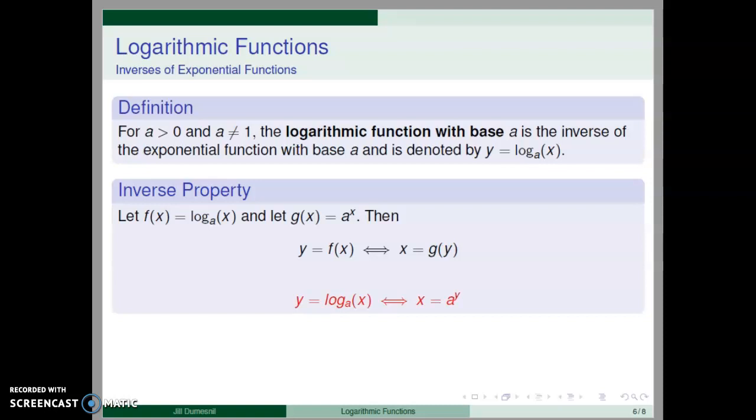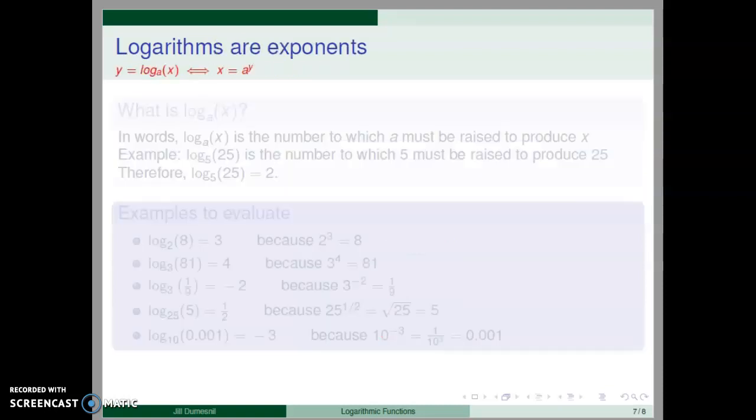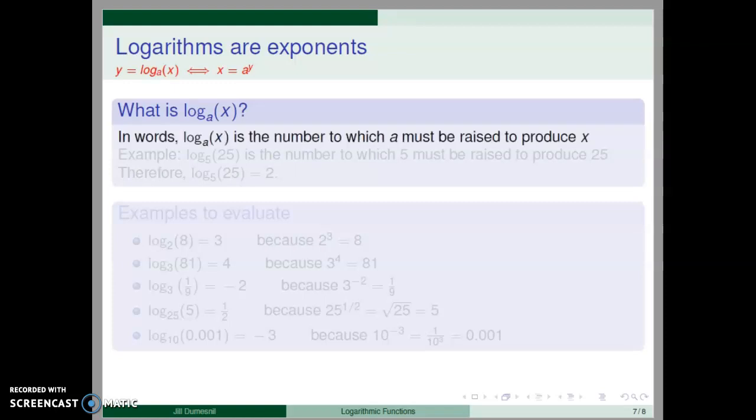This last statement is the one that tells us how logarithmic functions actually work. It turns out that logarithms are exponents. We use the inverse relationship to determine what log base a of x means. Verbally, log base a of x is the exponent to which the base a must be raised to produce x.